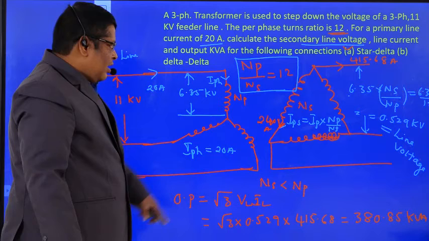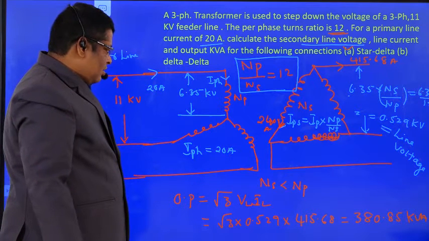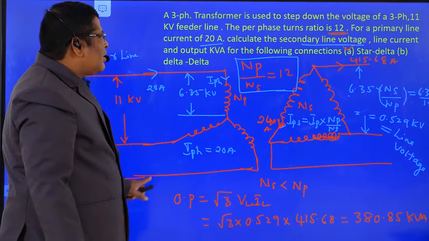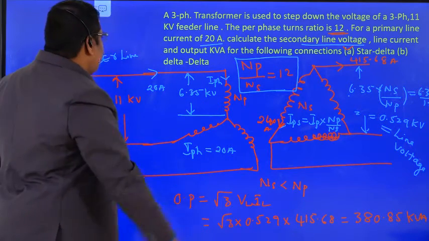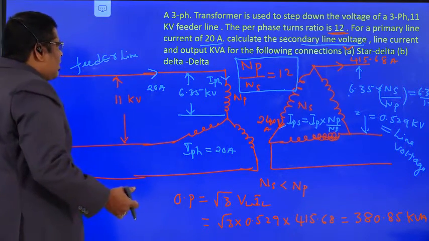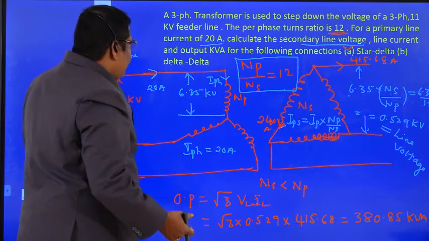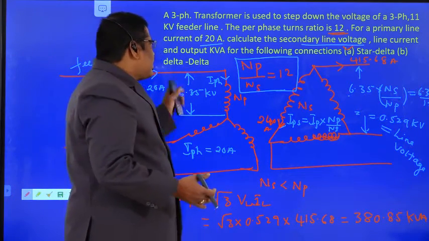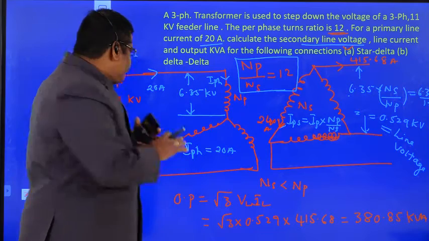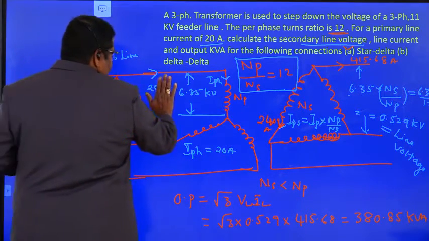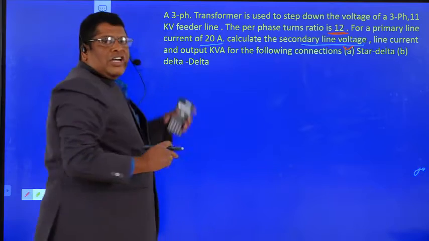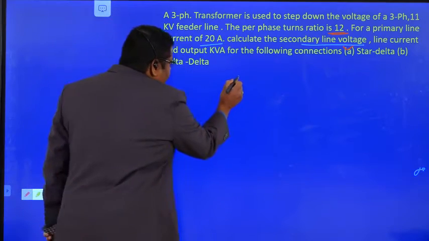When the transformer is connected in star delta. In the same manner you can calculate if the same transformer is connected in delta delta. Now we are going to see that. Now the transformer is connected in delta delta.